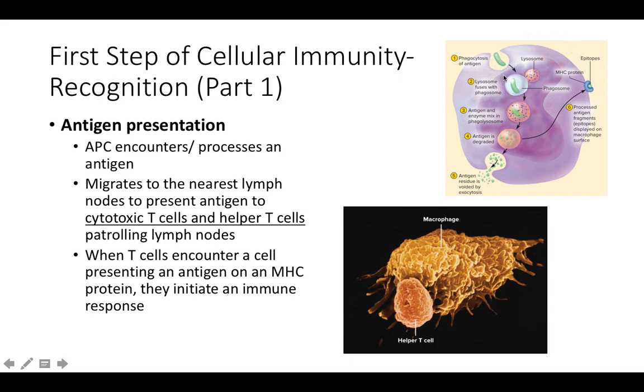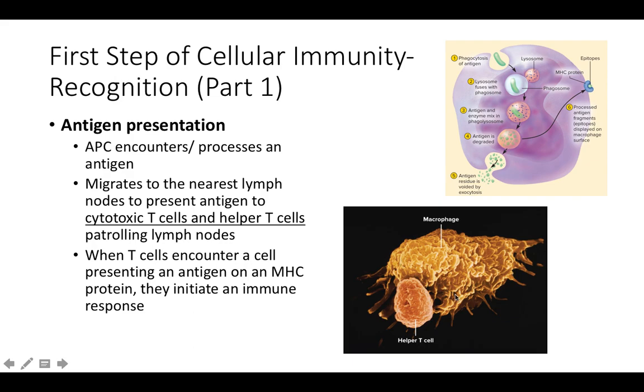It's going to bring that antigen into the cell, digest it, chop it up into little pieces, and display the epitopes, or the active part of the antigen, on the surface of the antigen presenting cell at what's called this MHC protein. From here, that antigen presenting cell is going to migrate to a lymph node where it will come into contact with either helper T cells or cytotoxic T cells.